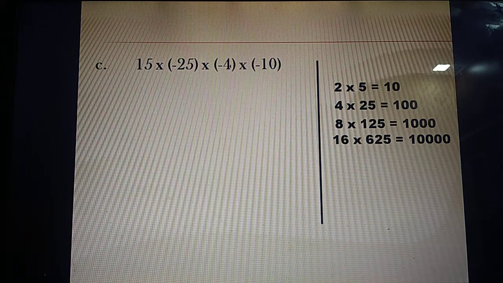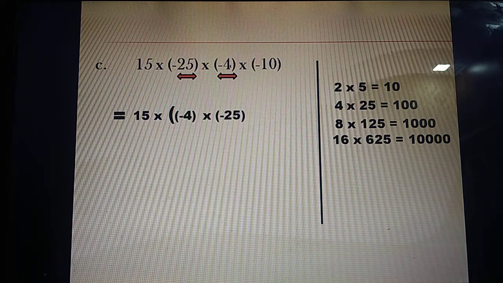So the first set which we will use here is 25 and 4. So we write it as, first 15, then in the bracket you will multiply these two integers, and then minus 10.